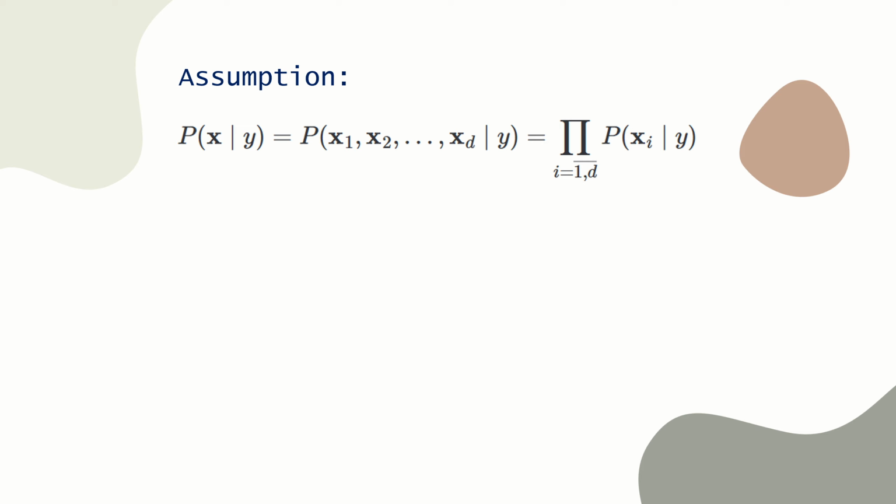All machine learning models make an assumption, and in this one, we assume that in data from the feature space, features are independent of each other, which means that p of x given y is just the product of p of x_i given the label.